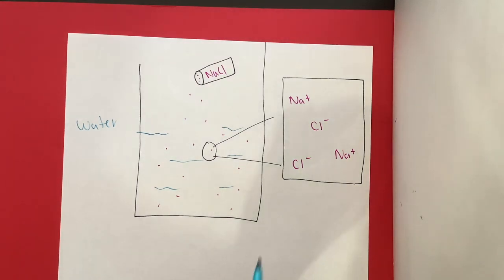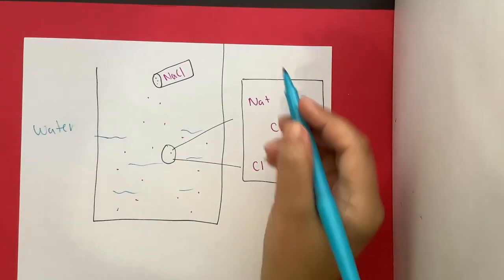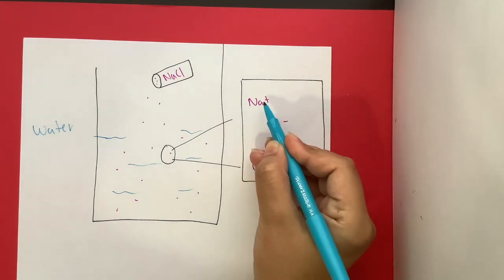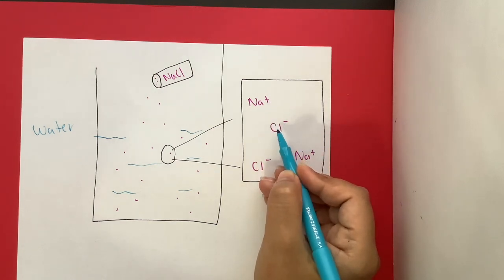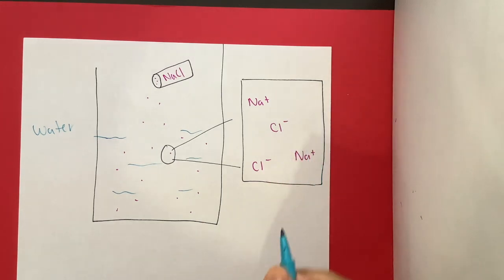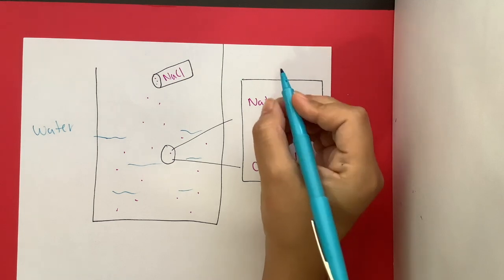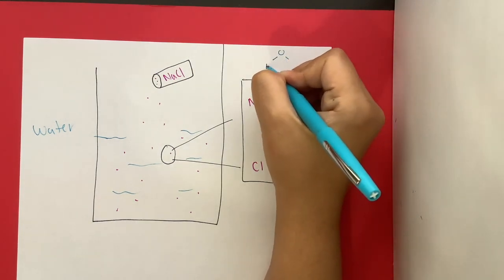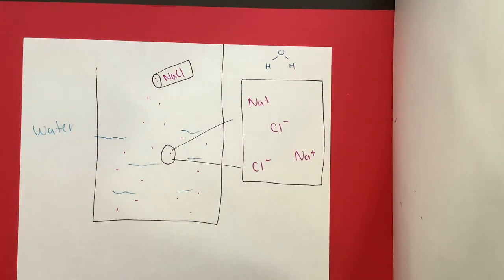On a molecular level, remember that in NaCl, sodium, being the metal, has a positive charge. It becomes a cation. Chlorine, being the non-metal, gains electrons and becomes negative, the anion. Water, H2O, is polar.